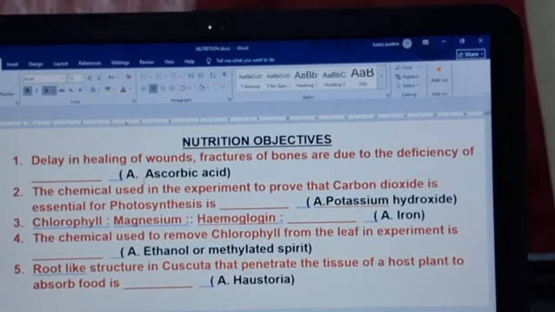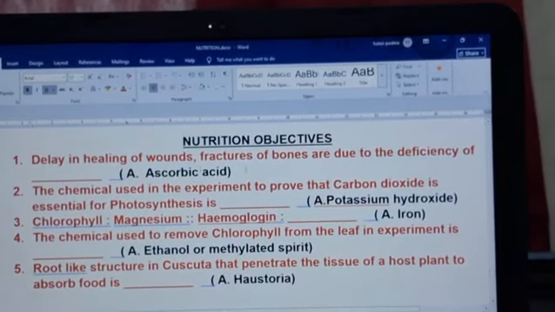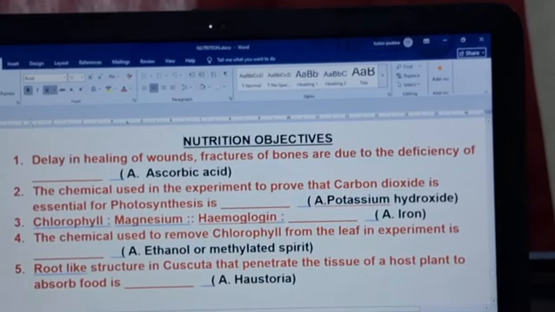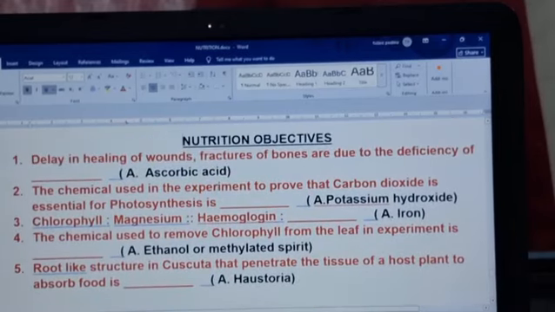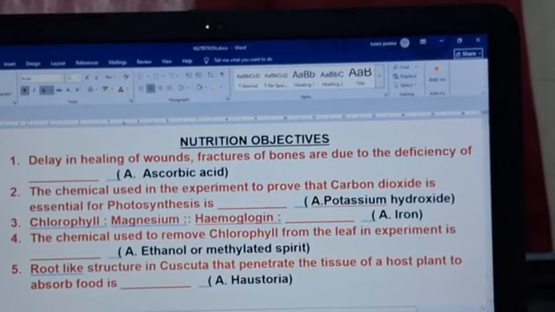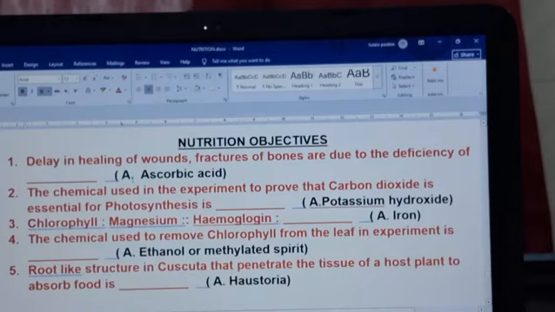Delaying the wounds means fractures, wounds, the healing of those wounds or fractured bones. It is because of the deficiency. If this ascorbic acid is not properly maintained in the body, then definitely they take a lot of time for wound healing.